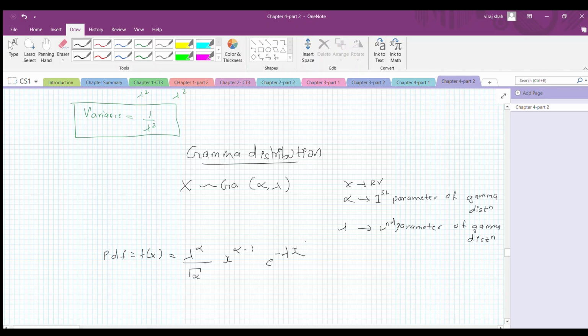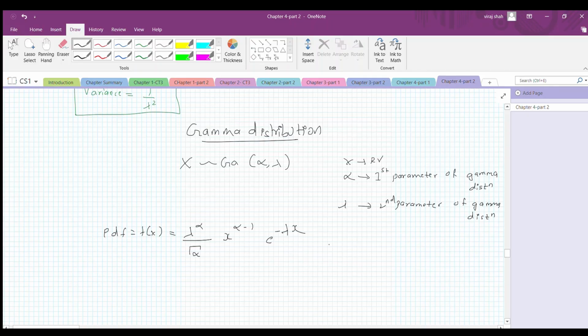You can also see the PDF, mean and variance in the tables book. Every distribution which we do in chapter 4, or CS1 chapter 1, can be found in your tables book, so you do not have to worry if you forget the PDF because you can see it directly there.